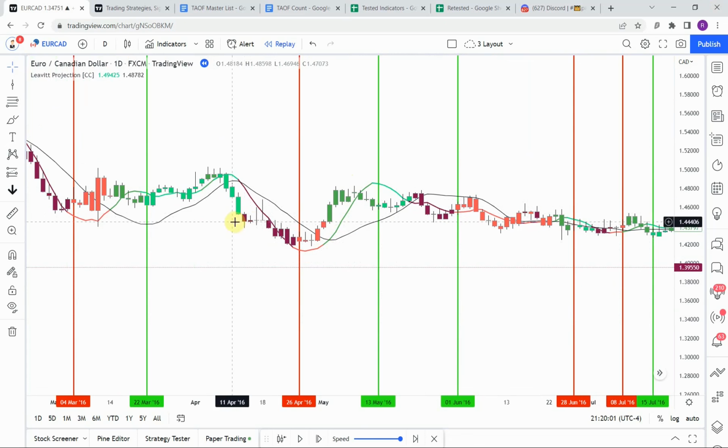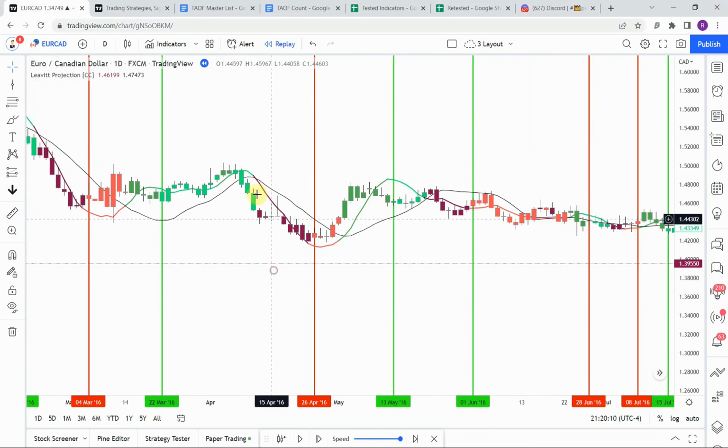And so that's why I was kind of hesitant at the beginning of the video to trade just the straight cross. But it seems like, again, often what was happening is price action would be reversing, and it would just take a while before the indicator would kind of understand.